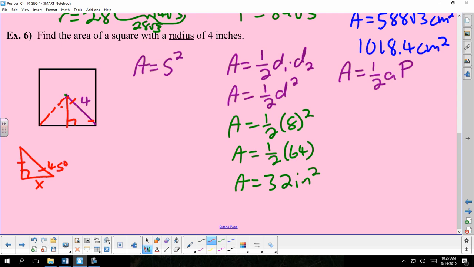Remember our 45, 45, 90 triangle, where we have x, x, and x root 2? Remember what we said. If I have that x root 2 side, the hypotenuse, I can go ahead and divide it by 2 and multiply by the square root of 2 to find the 2 sides. So both of those are 2 square root 2.